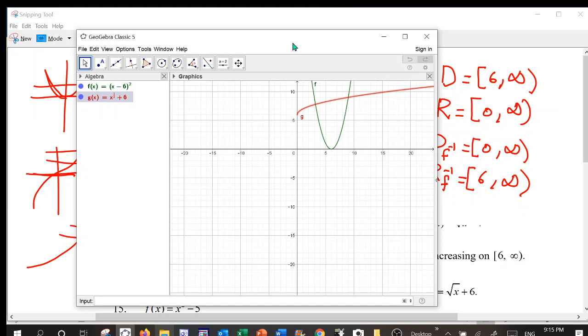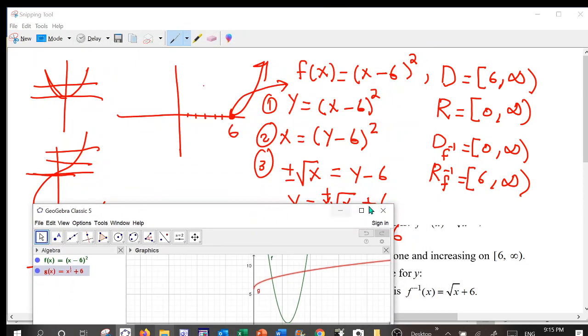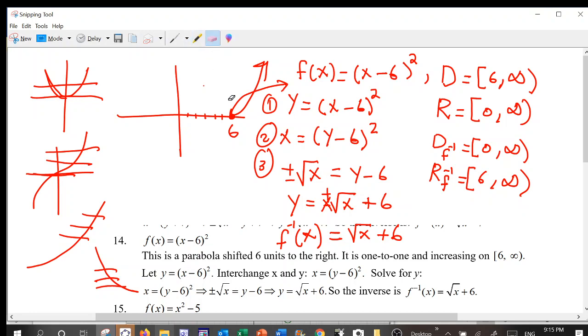So I just realized instead of moving on the y-axis, I just moved on the x-axis. So let me fix that. So square root of x, when you move it up 6 units, will be over here, right? Should have known that, but that's what it is. You know what I mean.